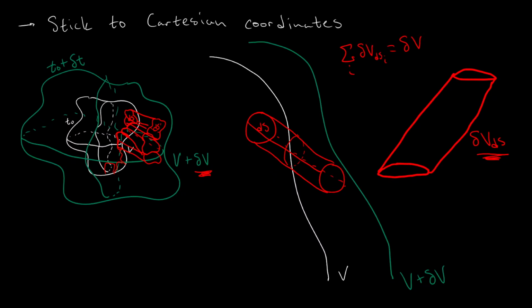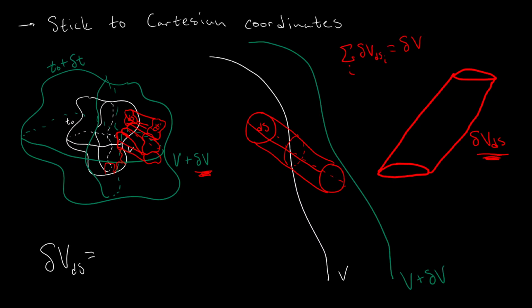If it's confusing, then I can go through it a little slower, but okay, so what's this volume gonna be? We want to find an expression for the delta V ds.